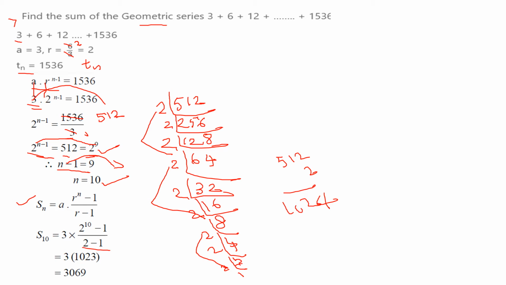So 2 to the power 10 is 1024. So 1024 minus 1, 1023. After that you multiply 3 into 1023. 3 3s are 9, 3 2s are 6, 3 0 0, 3 1s are 3. So the answer is S10 equal to 3069.